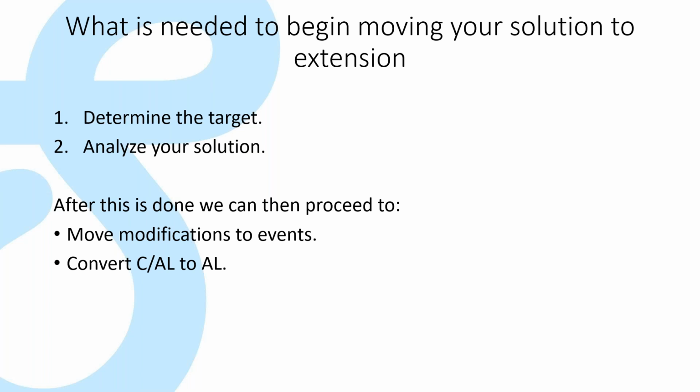And after this is done, then we can proceed to move modifications to events and convert those to AL, which basically leaves us with packaging and publishing our extension to the customer in the end. But we're not going to cover the last step from this section because our topic today is how to prepare for the extensions, not how to develop those.